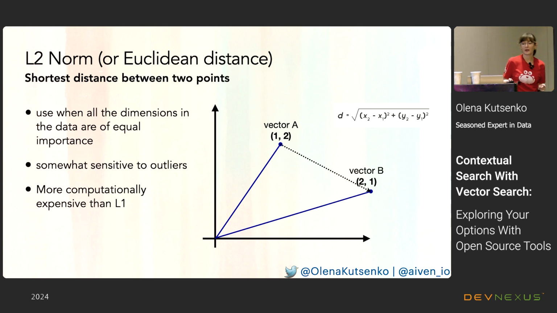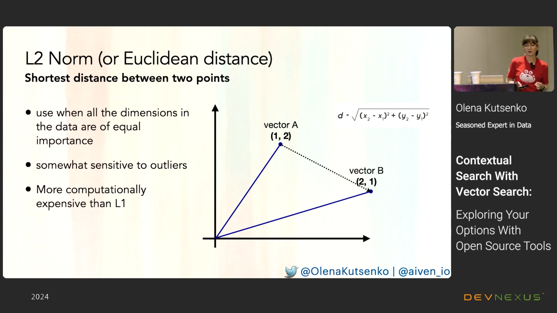It's a good metric when all the dimensions in your data have equal importance. I put the formula, which you might remember from school, for 2 dimensions. Of course, if you have more, it will be way longer.